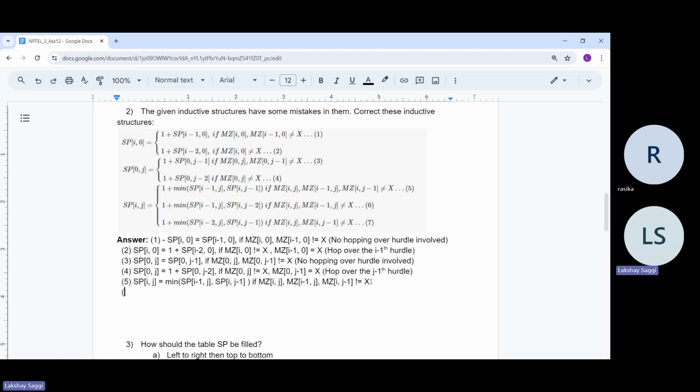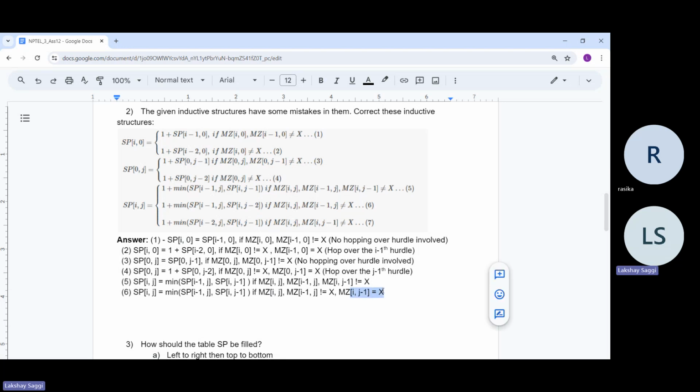So the second case can be: let's say i comma j does not have a cross, that we know, and the cell which is just to the left does not have a cross, but the cell which is just above has a cross.